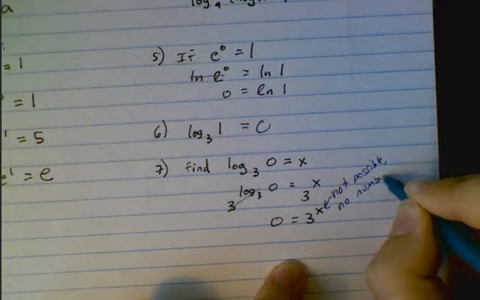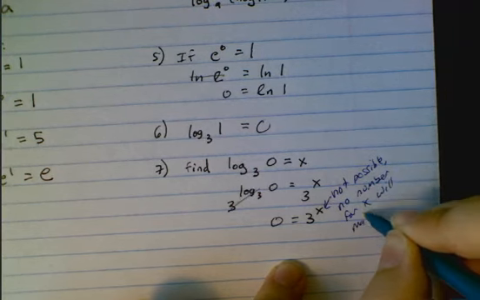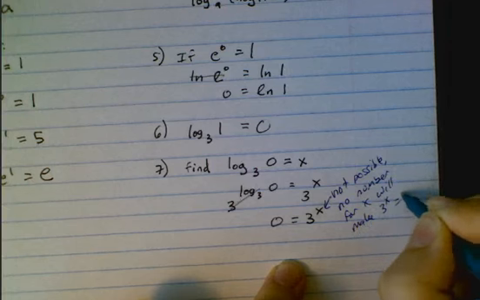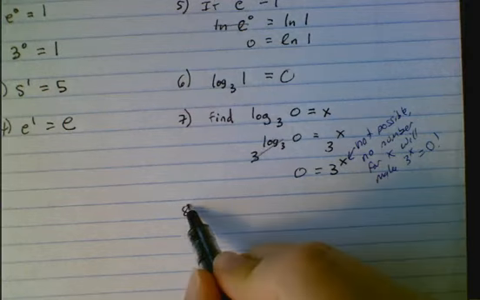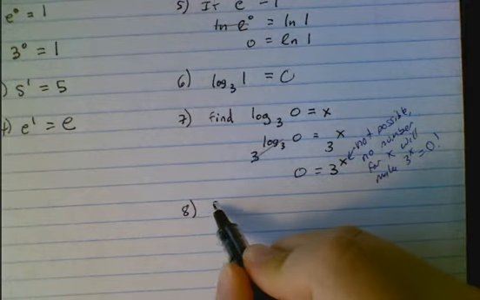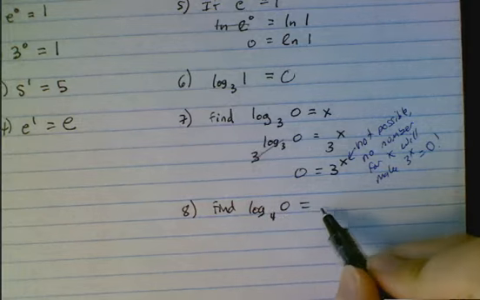No number for x will make 3 to the x equal 0. And so that means that we can just make a shortcut. Find log base 4 of 0. That's undefined.